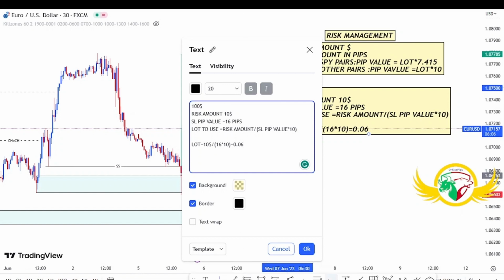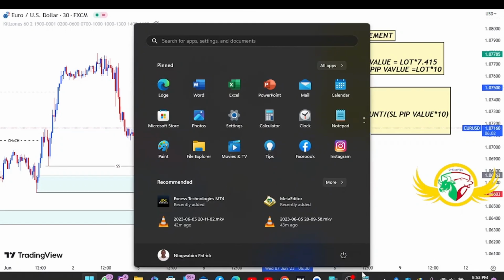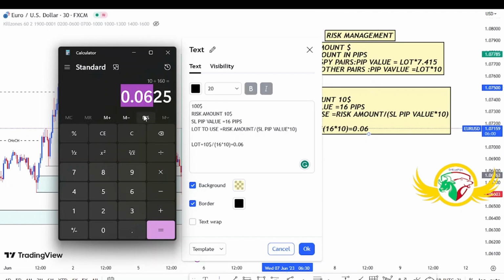Let's see how much we are going to lose. Because there are many decimal numbers, we have to round up or round down.